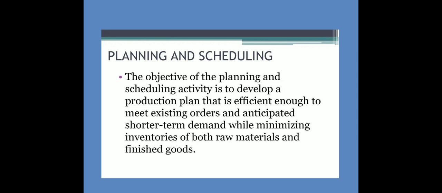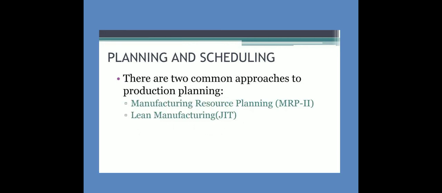The objective of the planning and scheduling activity is to develop a production plan that is efficient enough to meet existing orders and anticipated shorter-term demand while minimizing inventories of both raw materials and finished goods. Planning and scheduling. There are two common approaches to production planning.